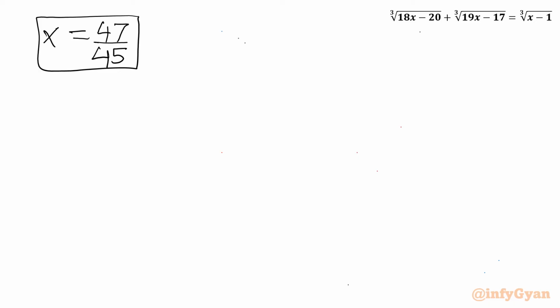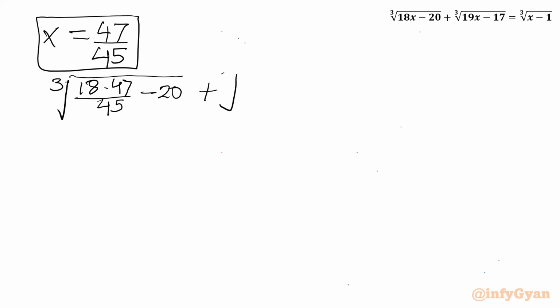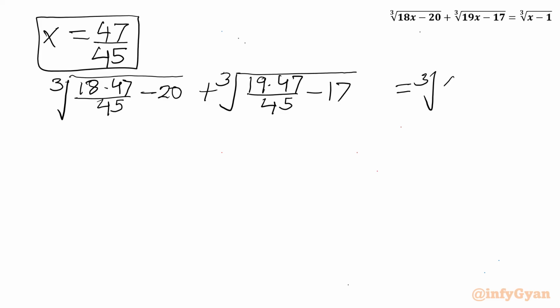LHS, I will write cube root of 18 times 47 divided by 45 minus 20, plus cube root of 19 times 47 divided by 45 minus 17. And RHS, if I apply here itself, then it would be 47 over 45 minus 1.